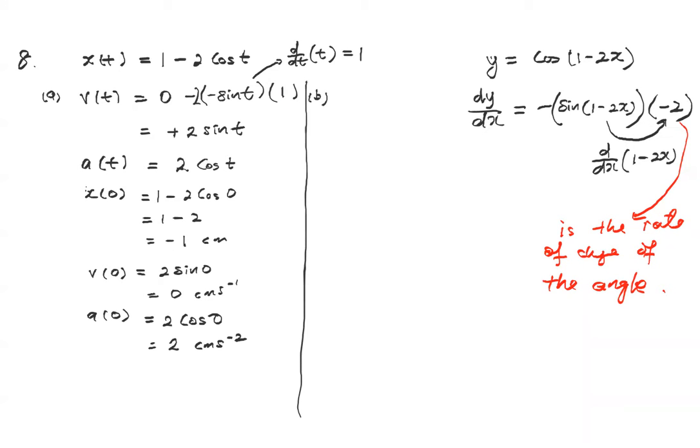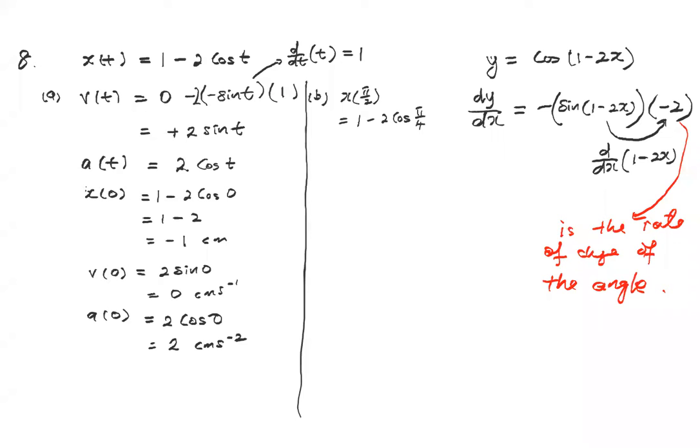Listen, for part B, describe the motion of the particle when t equal to pi by 4. So what you need to do is you have to get all the values ready first. X of pi by 4 will be equal to 1 minus 2 cos pi by 4.